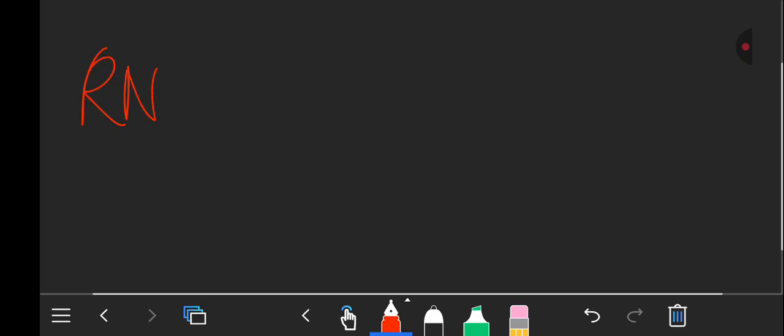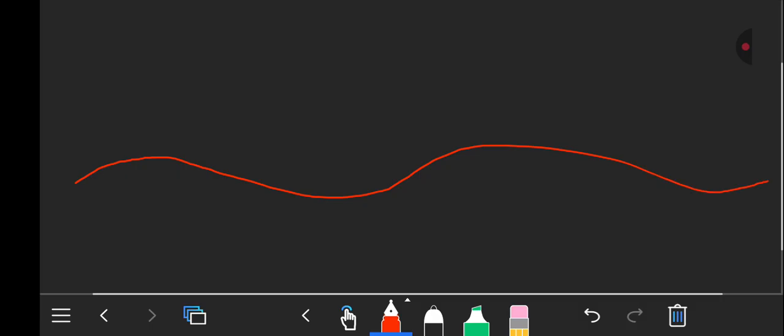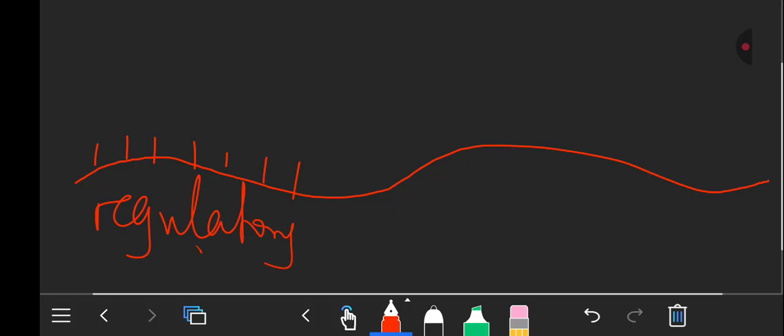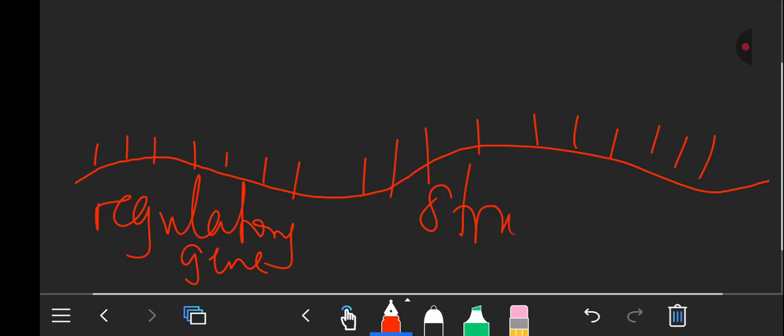So if you have the RNA polymerase, let's have a strand like that. So on this side, we said we have the regulatory gene, then we have the structural gene.